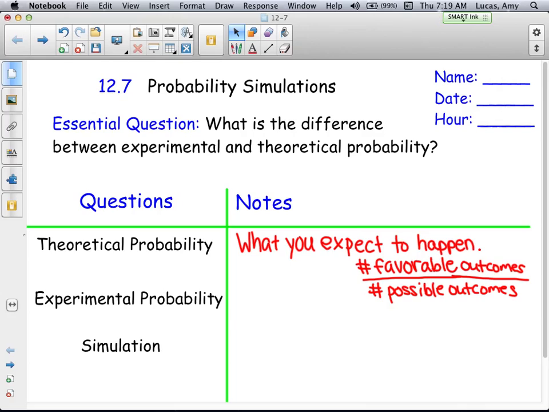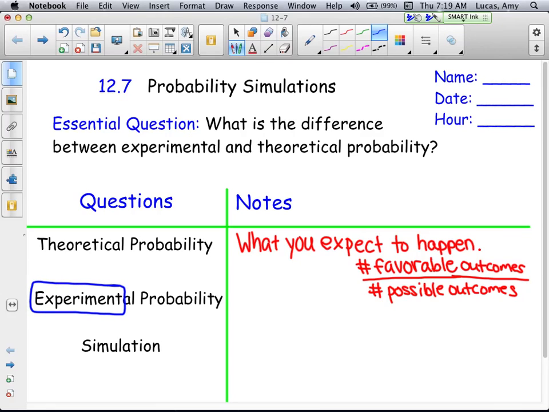The experimental probability is a little bit different because it's got the word experiment in it, so you actually have to carry out an experiment. So the experimental probability is what actually happens. The results of an experiment.